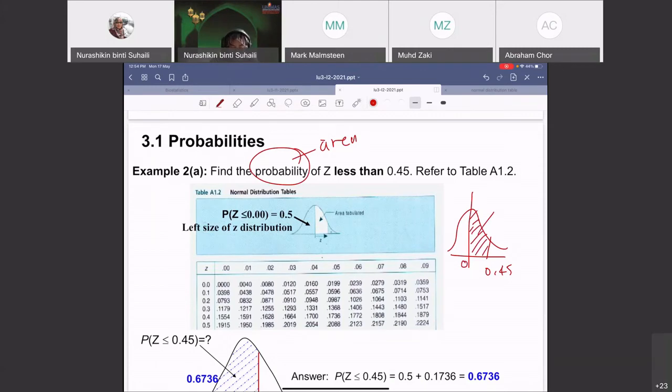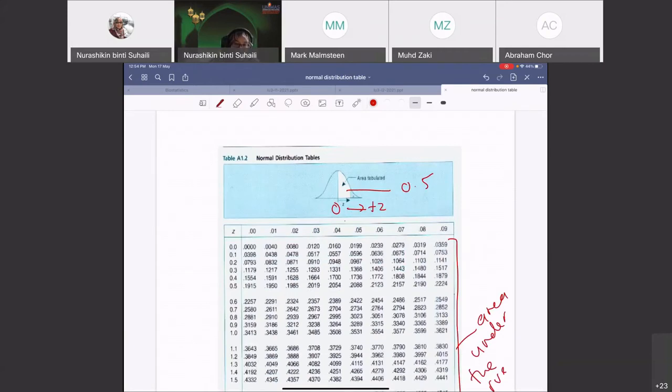And when you use the table, you have to know the way you read it. For example, given that Z equals 1, it gives you the area from the 0 value. If you refer to Z equal to 1, for example, this is the value 0.3413.